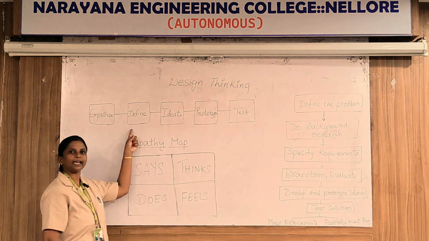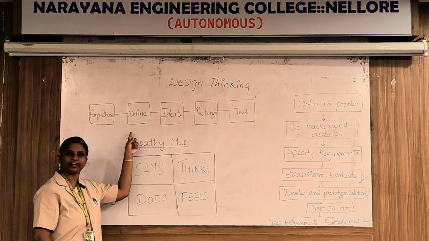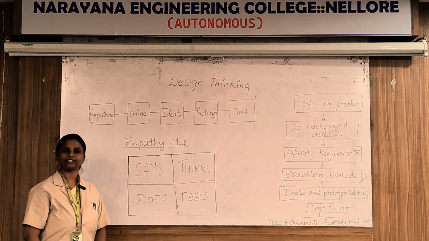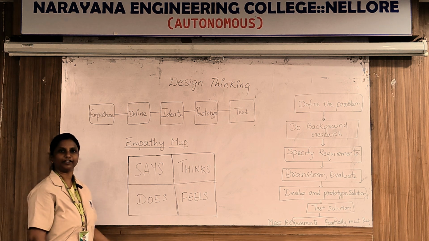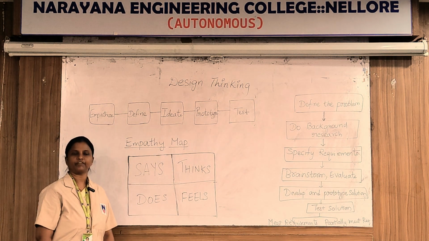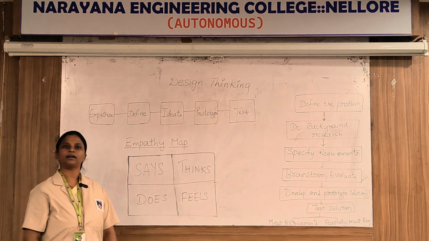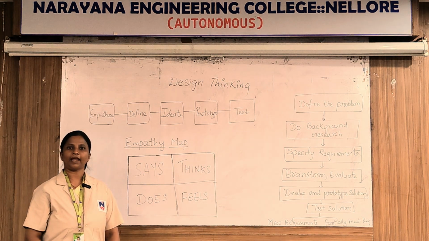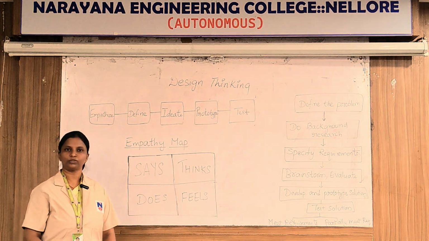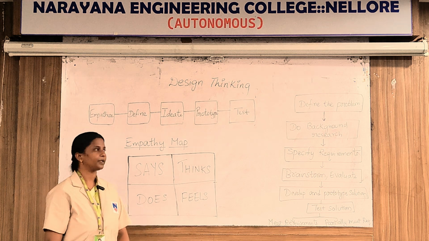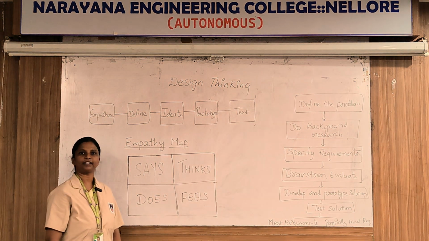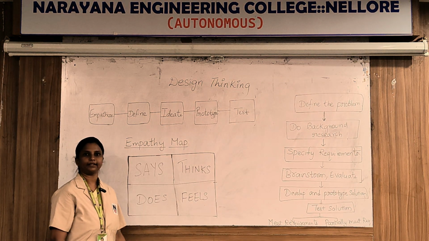So identifying and defining, or generating the right sequence of sentences, is said to be define. In the define stage, we can identify who is the actual user and what is the problem of that user in a proper statement. The third stage of design thinking is ideate.